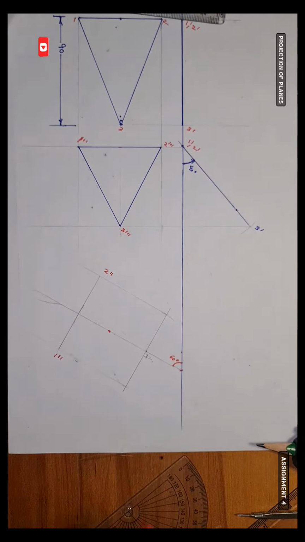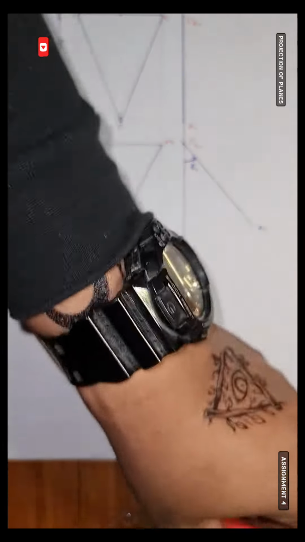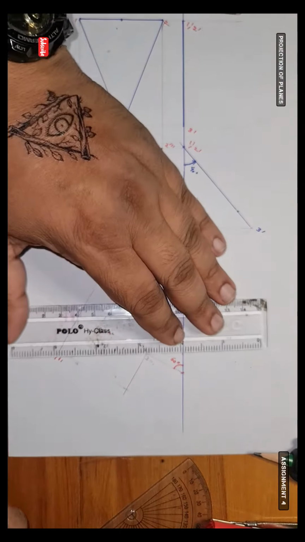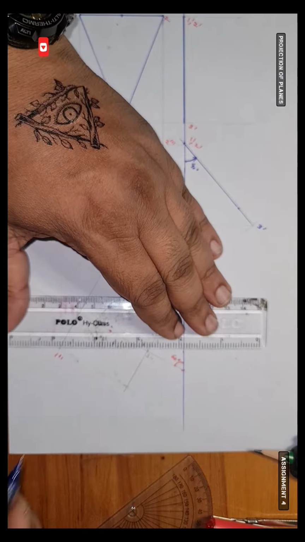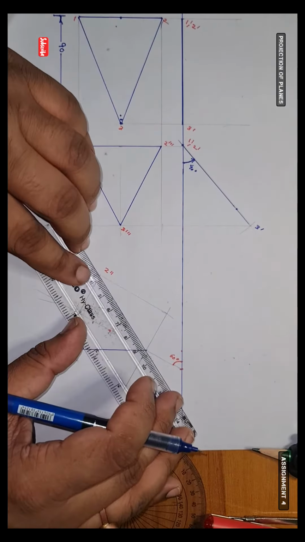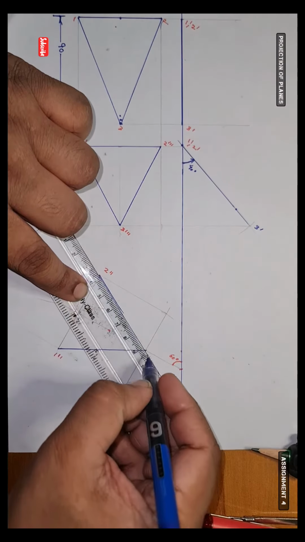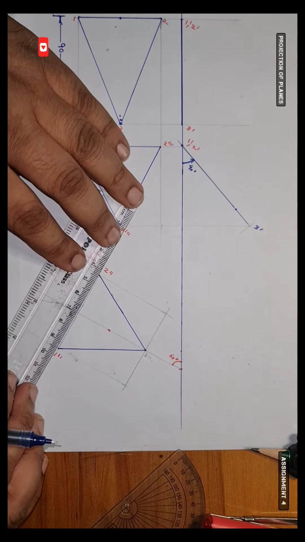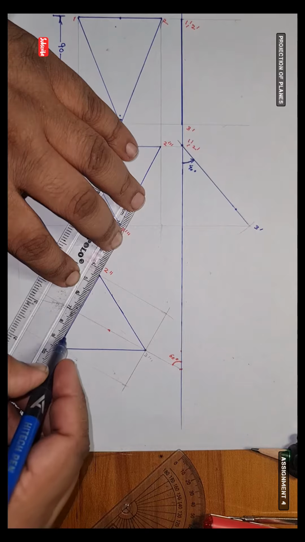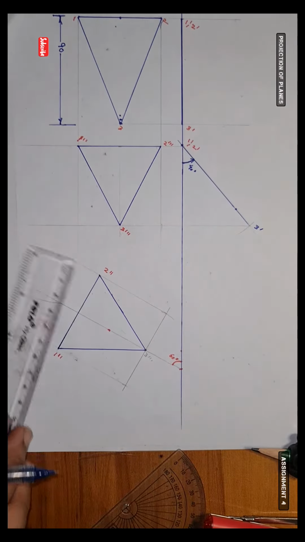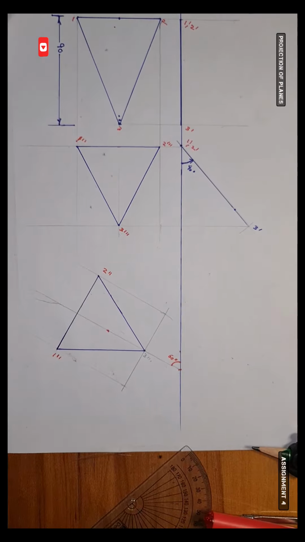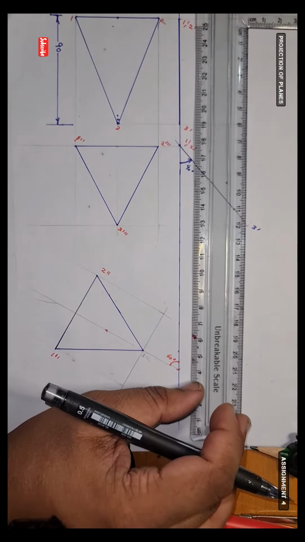When we get these points, just take your small scale and join them. You will get the top view at an angle of 60 degree, and the lamina is still at 40 degree.